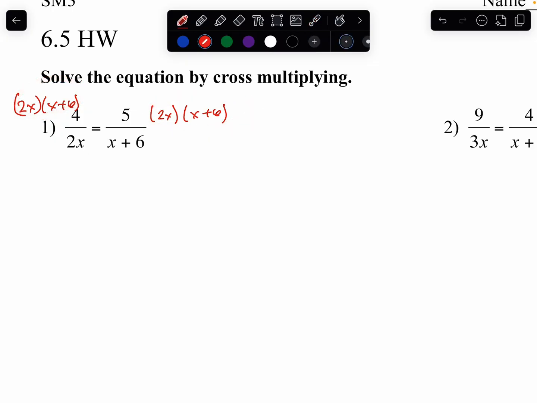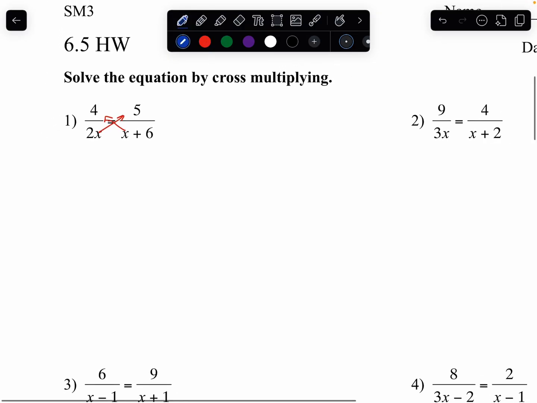When I do that, those will cancel from the left side, and on the right side, those will cancel. So I'm multiplying the left side top by the bottom right denominator, and the top right side by the bottom left denominator. That's where it gets its name, cross multiplication, but you're not actually just multiplying diagonally across. That's not really what's happening, but that's how it gets its name.